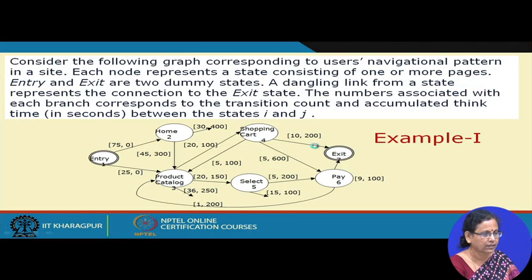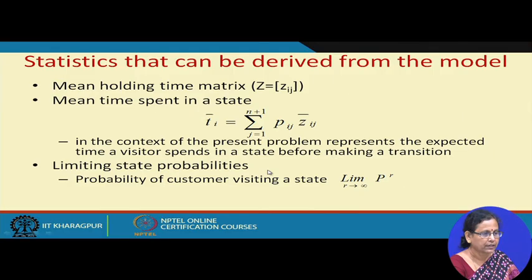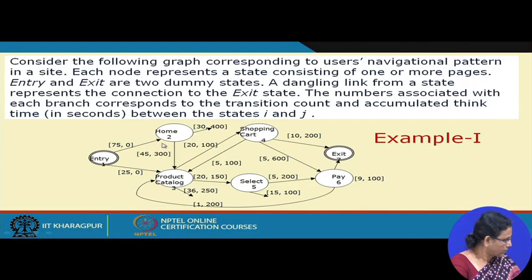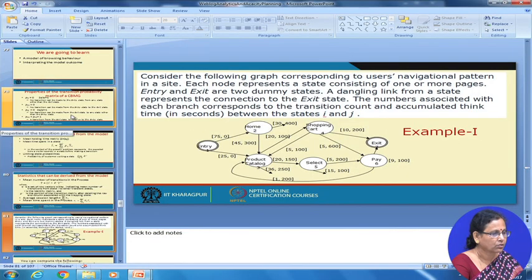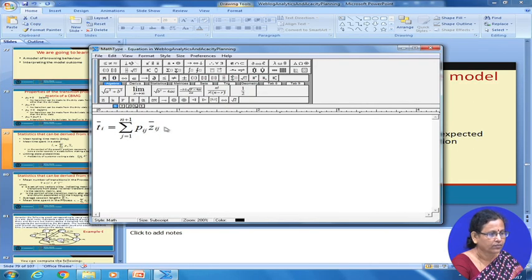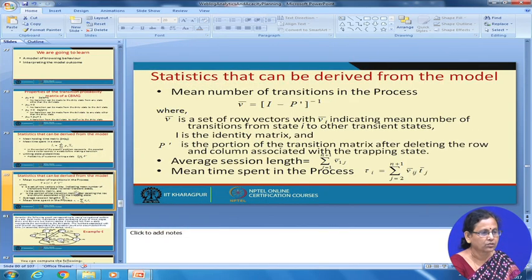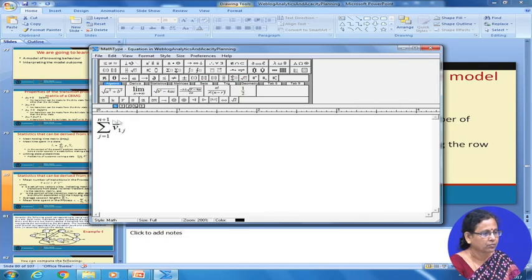Now, how can you find out the average session length? Average session length is this one. Okay. So, here also let me make one correction, so that you are no more confused on this, because we have assumed from the beginning there are total n number of states, and here also we assume that there are total n number of states.